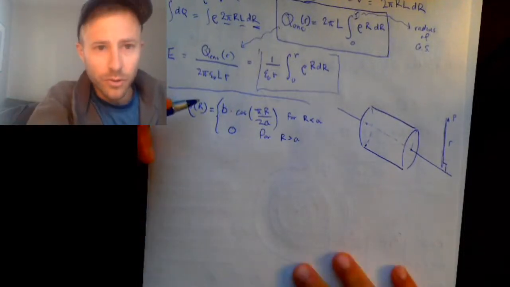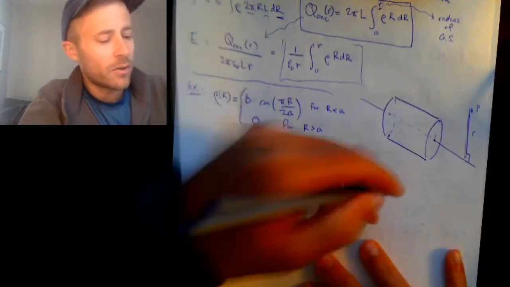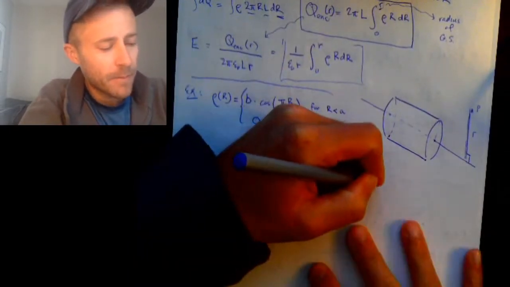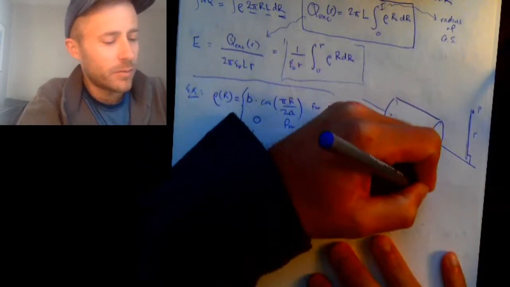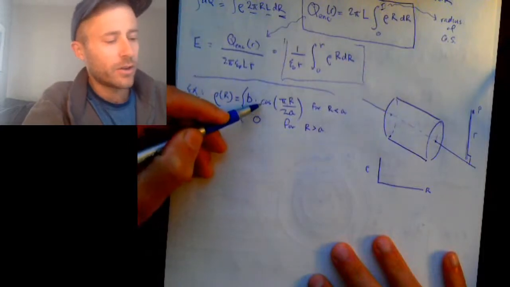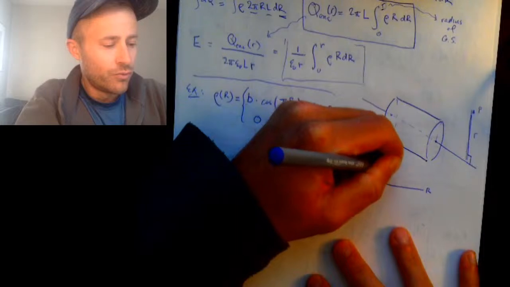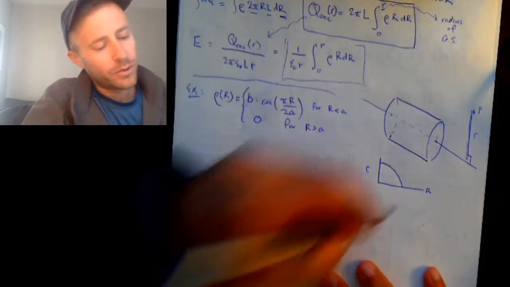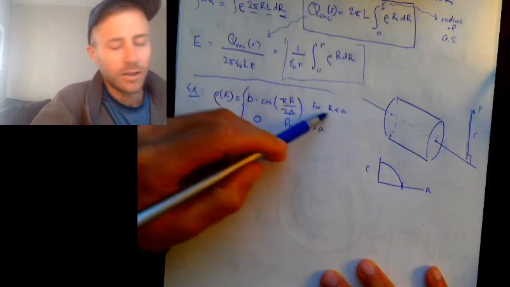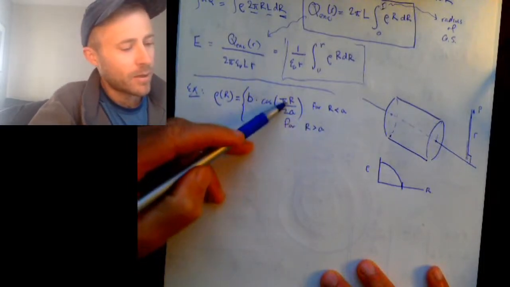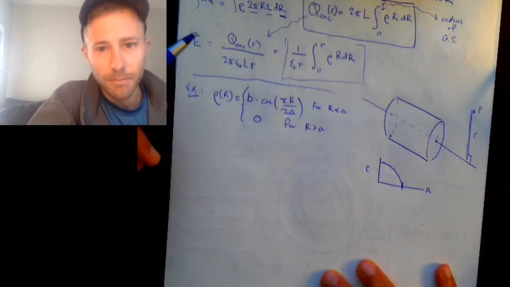So if we were to graph this, what does rho as a function of big R look like? It looks like cosine, but the question is, when does it go to 0? If we plug in R equals a, we get cosine of pi over 2, which is 0.